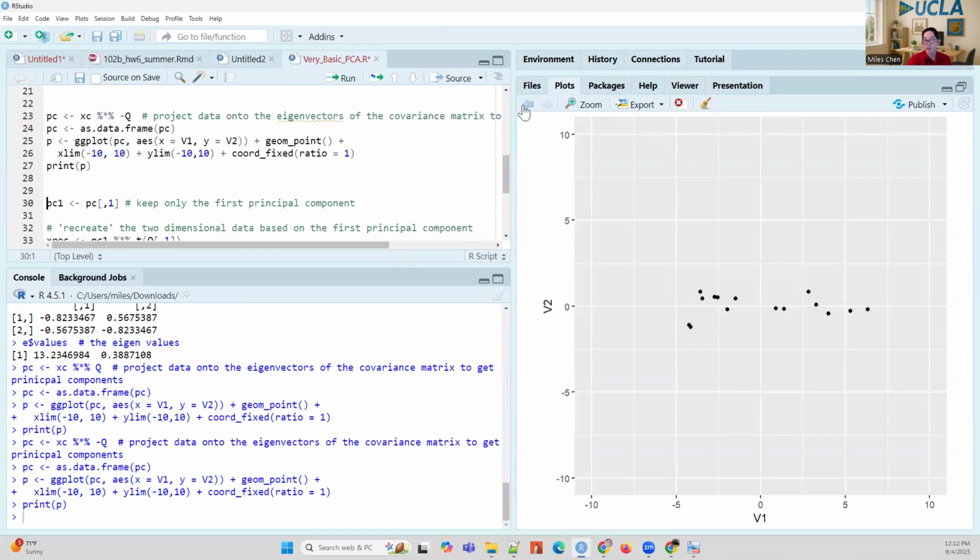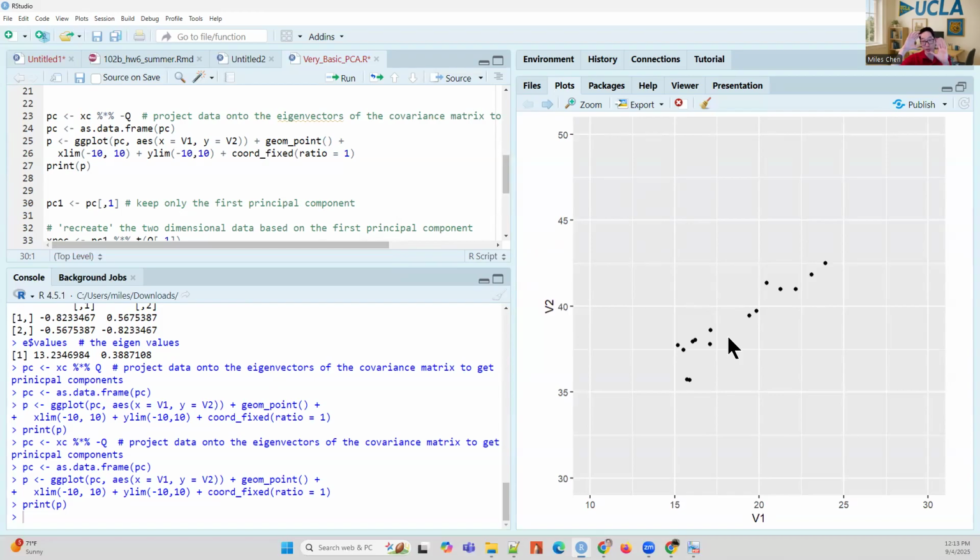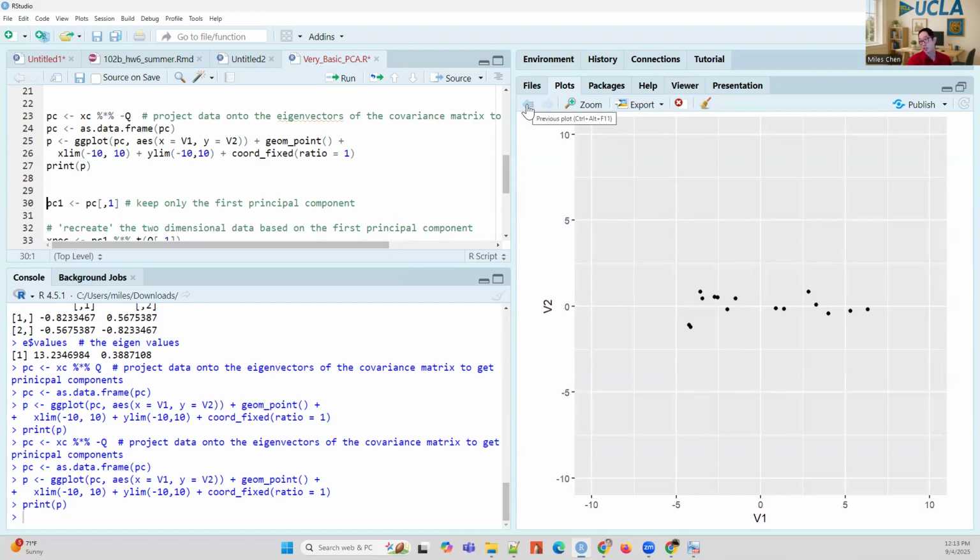So the signs, all right, here maybe it's a little more clear that it's just a rotation. I just multiplied it by -1. Here we're just taking the original data and doing a rotation. And so now I still have two components, principal component one and principal component two.